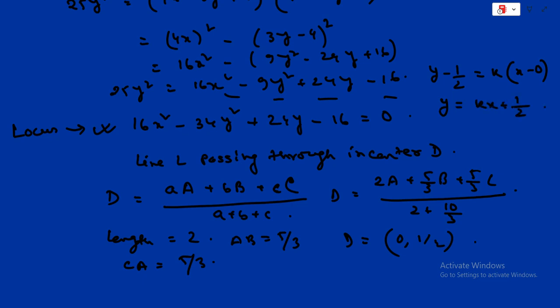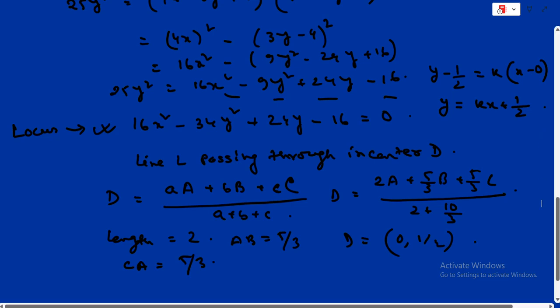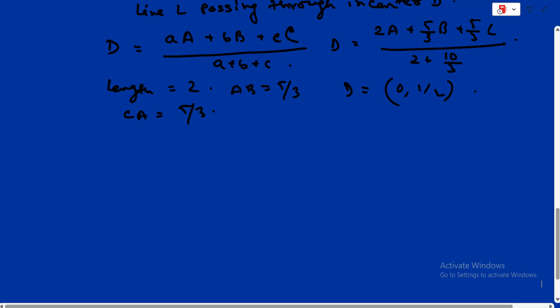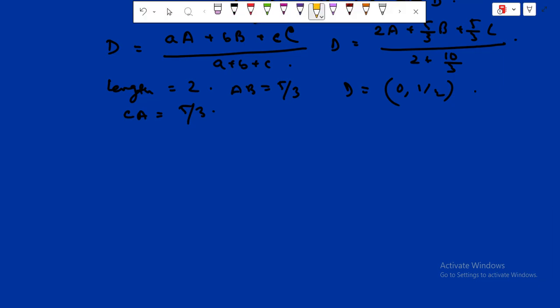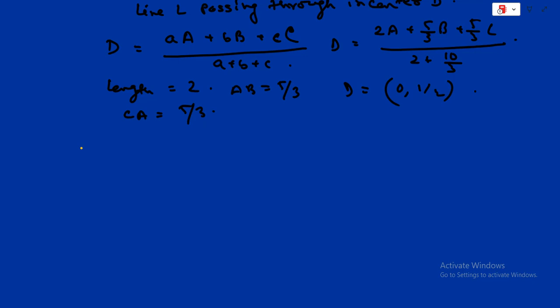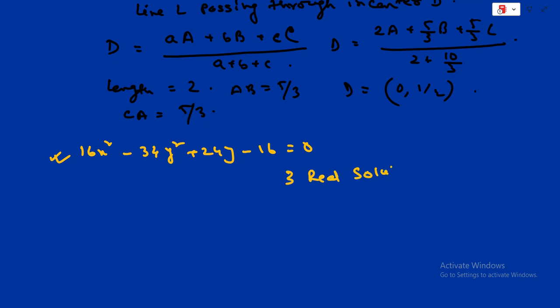Now put this into the locus equation: 16x square - 34y square + 24y - 16 = 0. This is the locus equation. So substitute into the locus. So you get a cubic in x, right? So the line intersects the curve in 3 points; the equation has 3 real solutions.